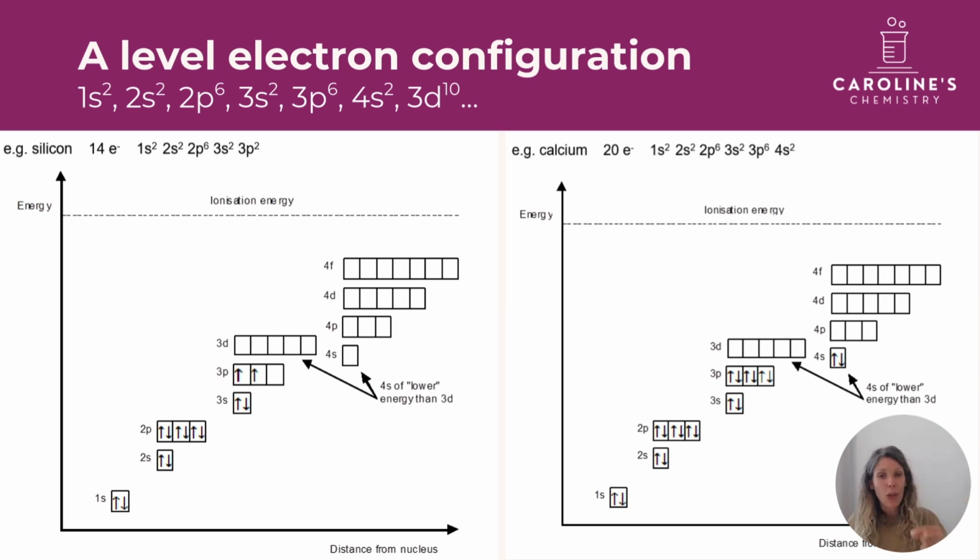Rather than filling 3d next, 4s is the one that is lowest available energy next. So the 2 electrons fill 4s. If it had any more electrons, and we were talking about different elements here, it would fill 4s and then 3d. Okay.